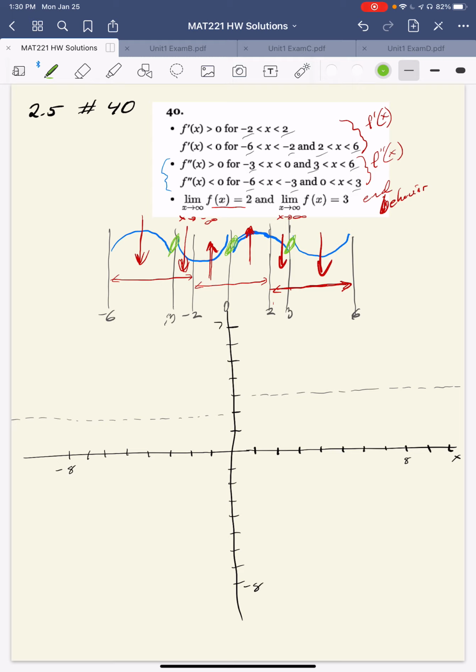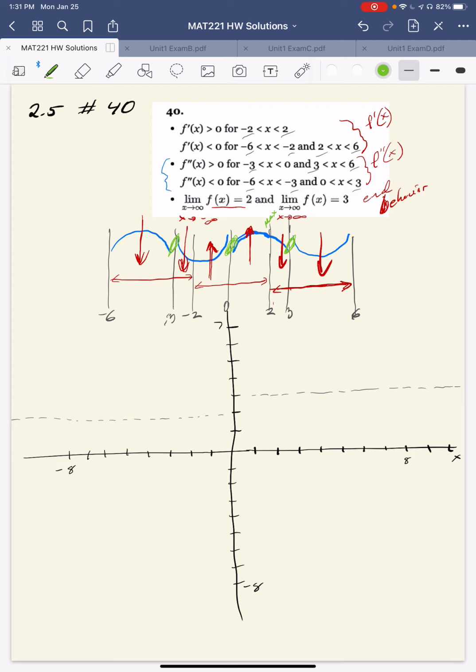Okay, it also looks like I will have a local maximum at x equals 2. I'll have a local maximum there because that's where my original function goes from being an increasing function to being a decreasing function.